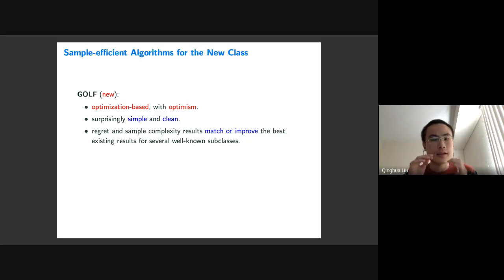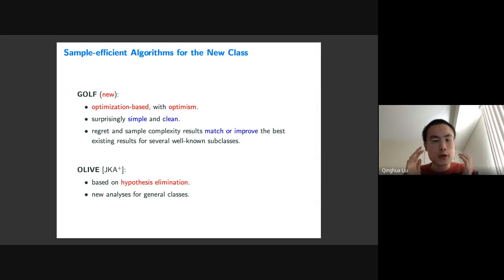As we will see later, this algorithm is surprisingly simple and clean. Basically, I can describe it using only one page. Not only is the algorithm itself simple and clean, its regret and sample complexity guarantees are also pretty good. We will see that they match or improve over the best existing results for several known subclasses.